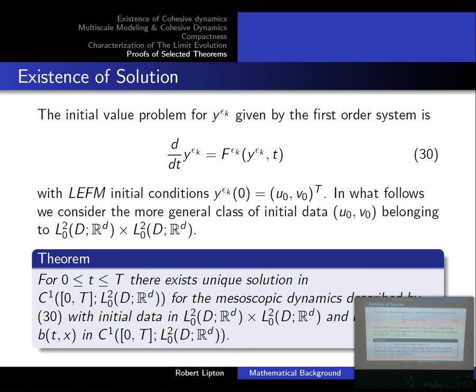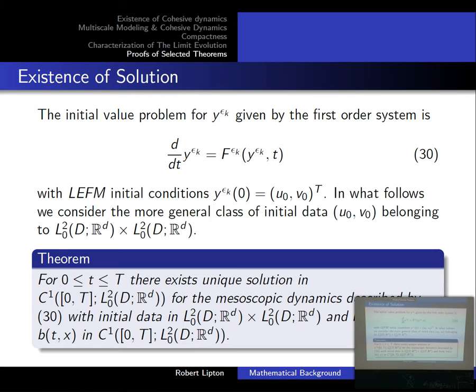And then we have an existence theorem, that there exists a unique solution, a C1 map from 0 to t into the space L2, described by this dynamics here. And for the body force, which is wrapped up in F, we ask that it be a C1 map from time into L2. So there exists a unique solution for this first order system.